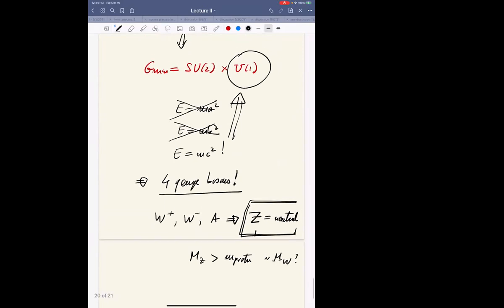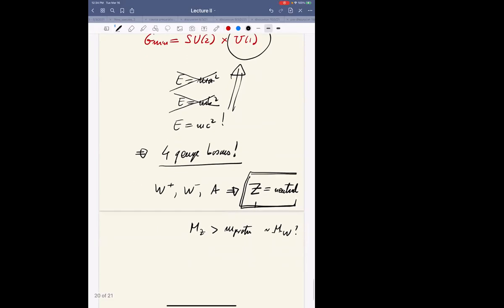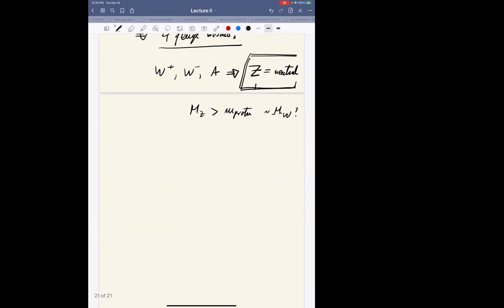So what I can say here, something nice, I can ask you, what do I mean that the theory is SU2 cross U1? Let me tell you what I mean by SU2 cross U1. There are 3 generators here that I call TA.